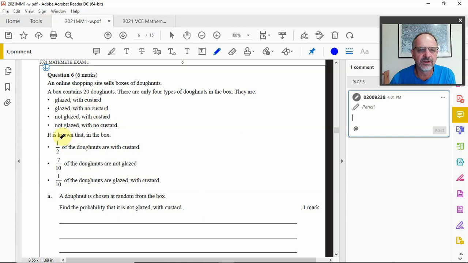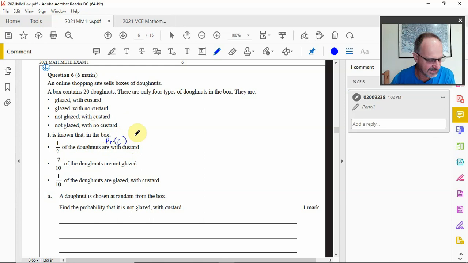Now, it is known in the box that half of the donuts are with custard, so that's the probability of getting a custard is a half. 7 out of 10 donuts are not glazed, so that's the probability of G dashed is 7 over 10.